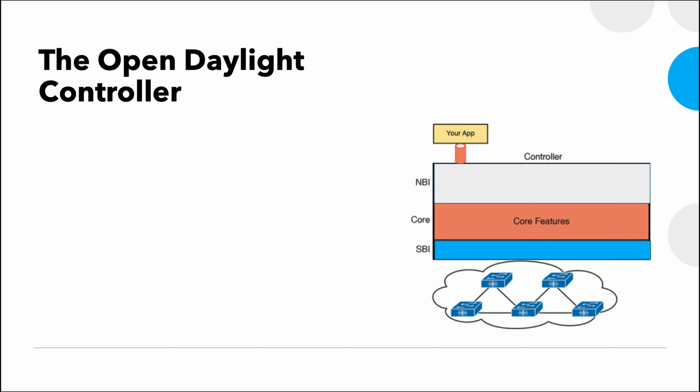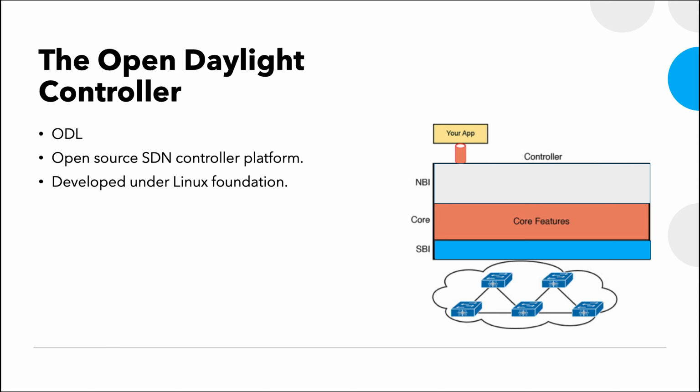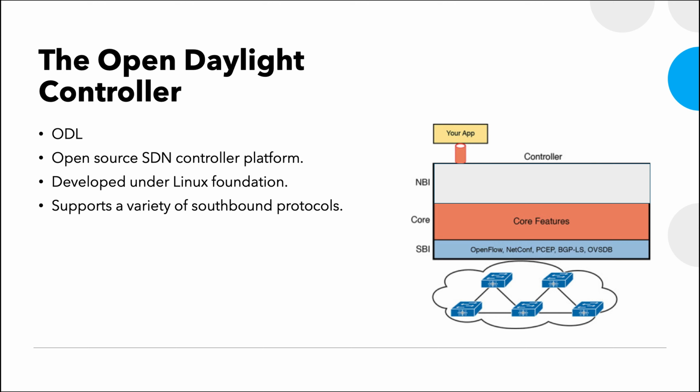The Open Daylight Controller, also known as ODL, is an open source SDN controller platform that provides a programmable network environment. It is an open source SDN controller platform developed under the Linux Foundation. ODL supports a variety of southbound protocols including OpenFlow, NetConf, and OVSDB, along with BGP-LS and PCEP.